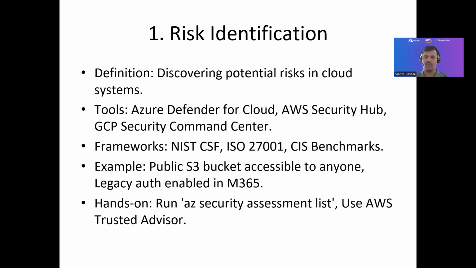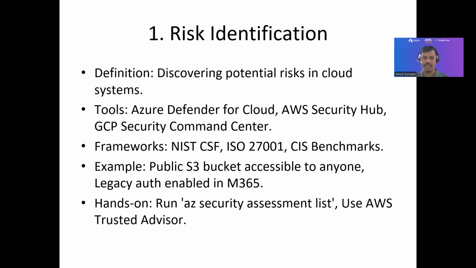And if you want to take an example, public S3 bucket access to anyone is going to be risky if there is confidential data, maybe financial data or healthcare data, or any data which should not be accessible to anyone. If that is publicly accessible to anyone, that's the biggest risk, right?